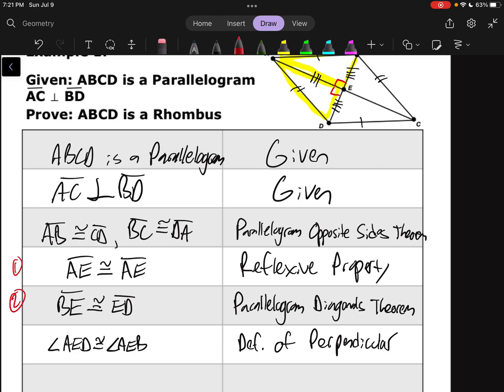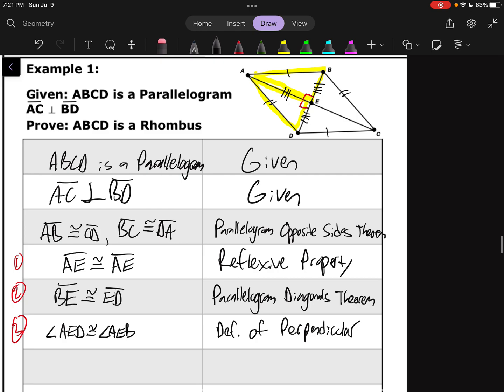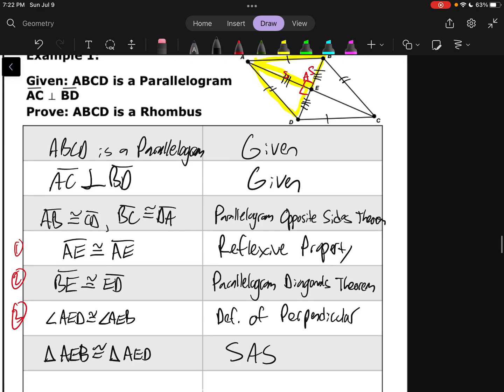So that is three congruent things there. And now, if I've got three congruent things, I can say that triangle AEB must be congruent to triangle AED by side angle side, right? According to my markings there, I've got side angle side.